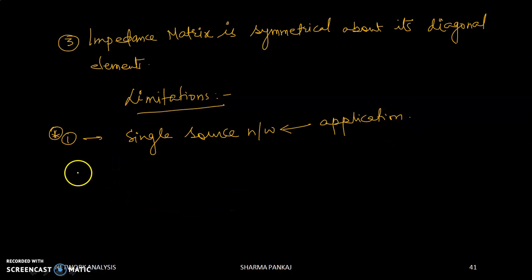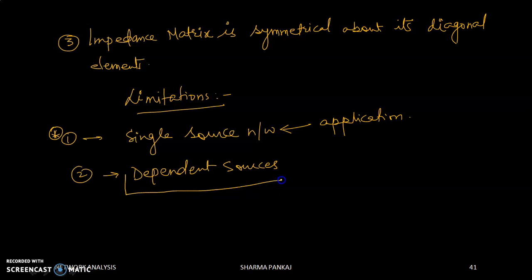Point number 2: when there are dependent sources available in the circuit, it fails to apply.